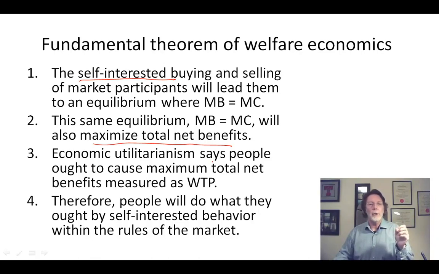So economic utilitarianism says that people ought to cause the maximum total net benefits, and therefore people will be doing what they ought to do when they behave self-interestedly. They will be following an indirect economic utilitarian procedure when they do this, even though their decisions are made self-interestedly.